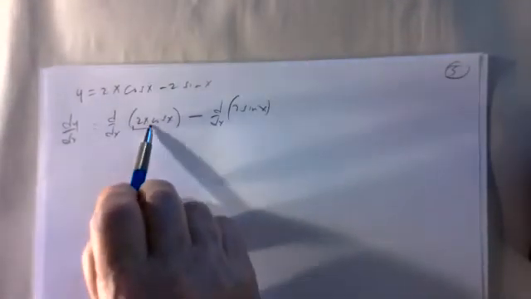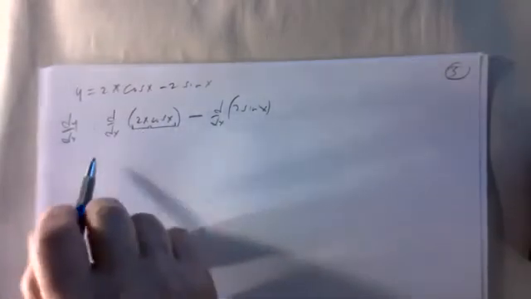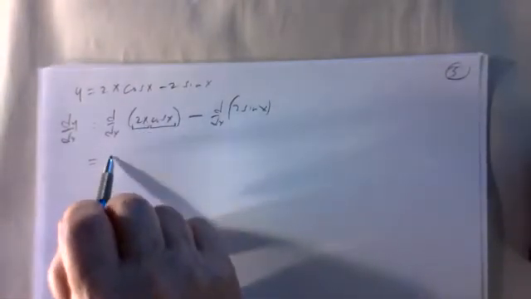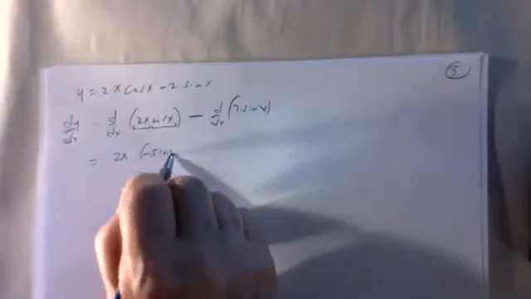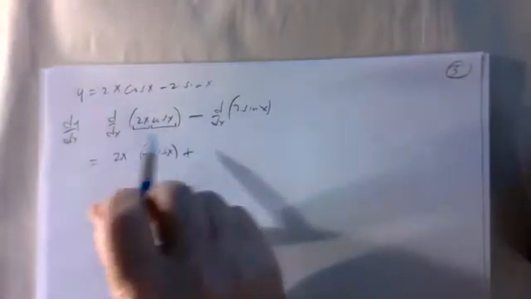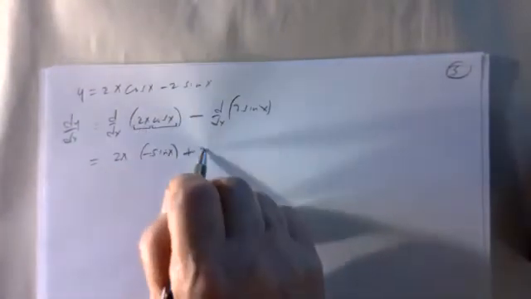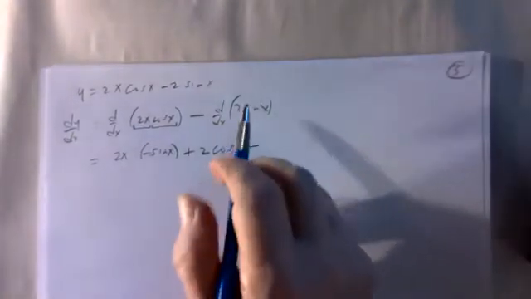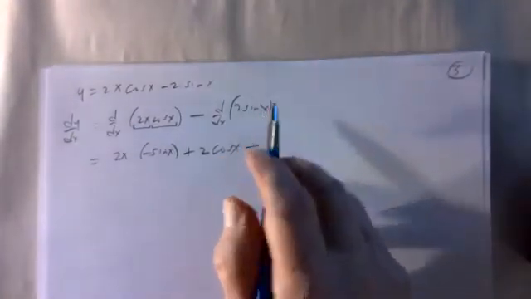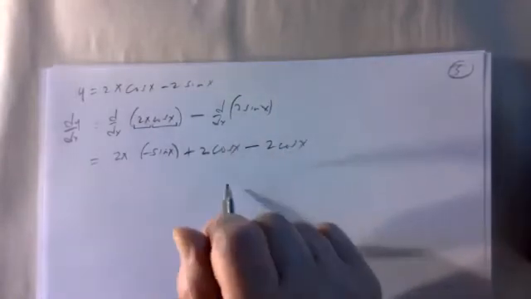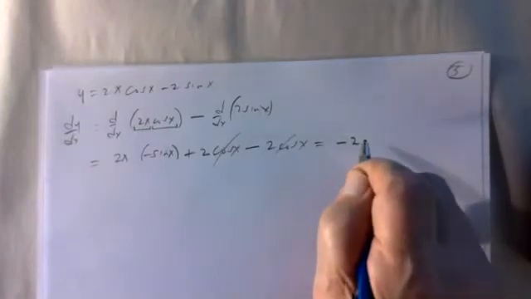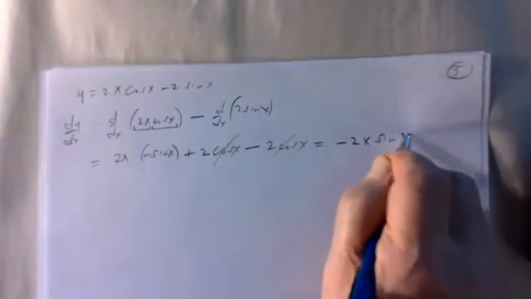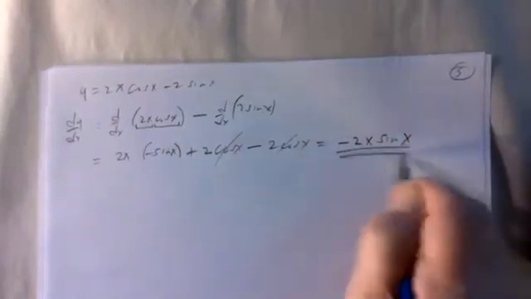This is the product of 2x times cosine x. So by the product rule, this is 2x times the derivative of cosine x, which is minus sine x, plus the derivative of 2x, which is 2, times the cosine of x, minus the derivative of 2 sine x, which is 2 cosine x. These cancel, so we're left with minus 2x sine x is the answer.